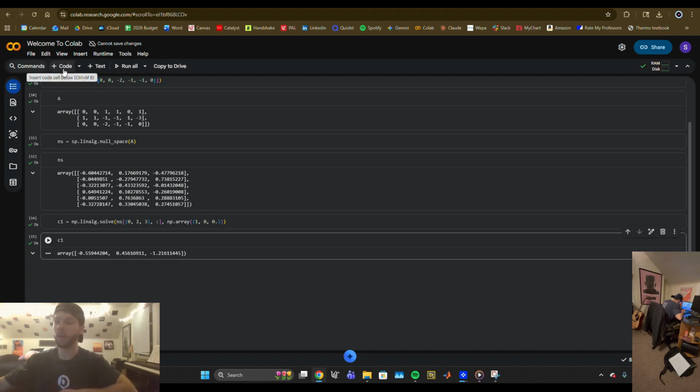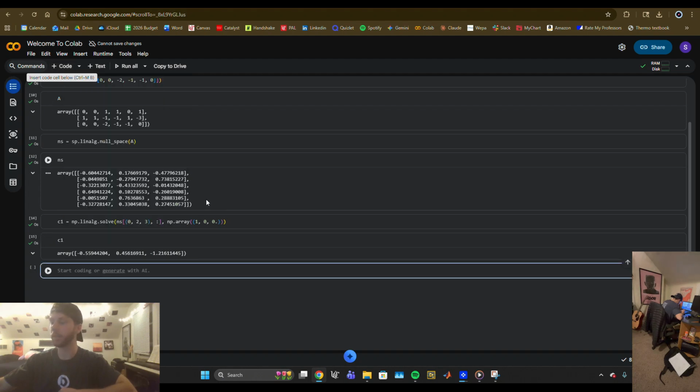Taking the dot product of this matrix here with our null space ns will give us the power values for our first non-dimensional number.